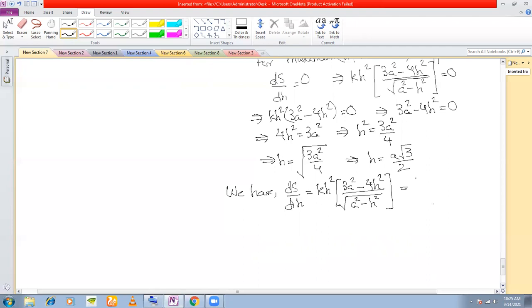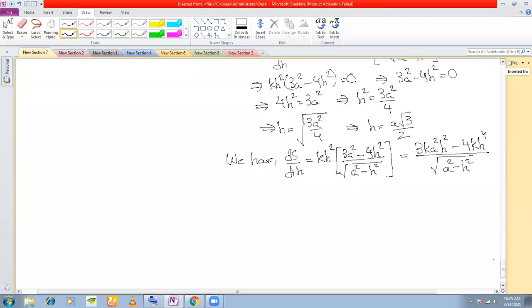You can multiply this throughout to get 3k a square h square minus 4k h to the power of 4 divided by root over of a square minus h square. Right? Now it will be convenient for us to differentiate, because this we can differentiate by u by v rule.